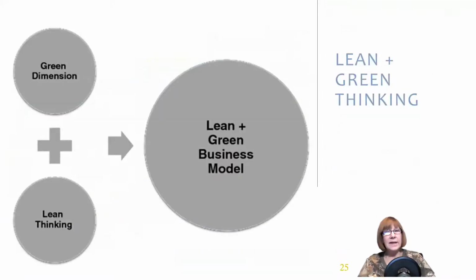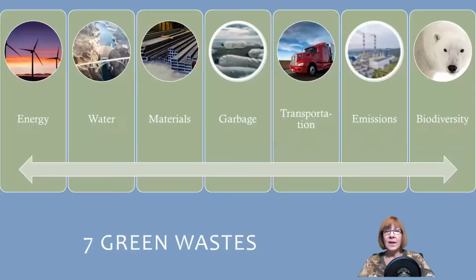Okay, lean and green thinking. There's Six Sigma and there's lean, and there's Lean Six Sigma. So you can take a look at how you can add a green dimension to lean thinking. And a lot of what you do with that is make sure that they're looking at waste reduction.